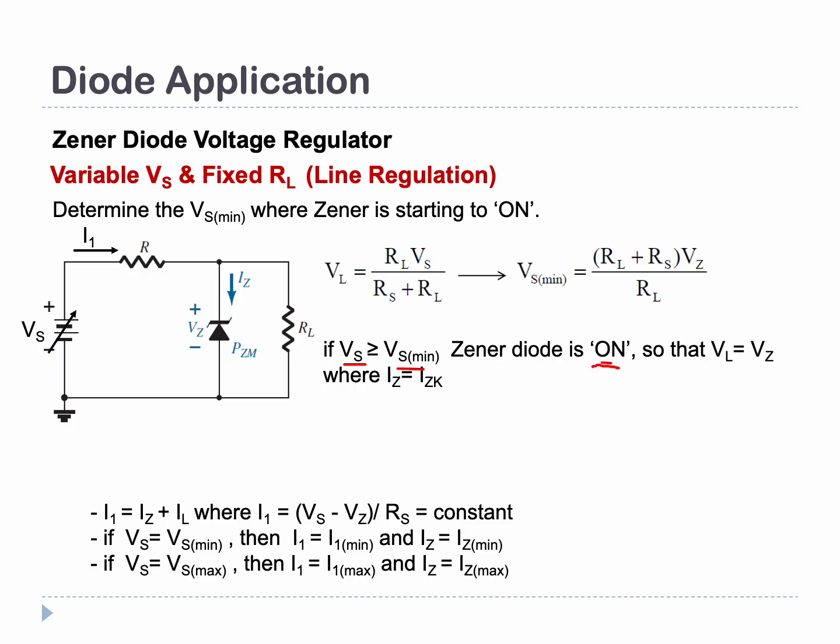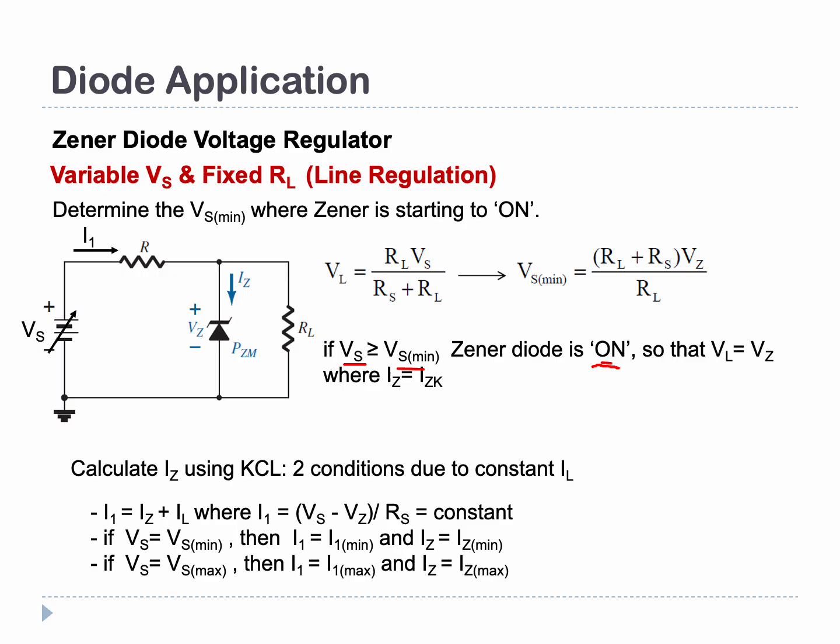If we calculate the potential difference between the source and the Zener voltage, it is going to be positive, so your Zener is turning on. When your Zener is turning on, your VL, the voltage across the load resistance, will equal the voltage of the Zener. So in that case, your IZ, the current of the Zener, will equal the IZ knee, the knee current of the Zener. So what are the conditions that we need to consider?